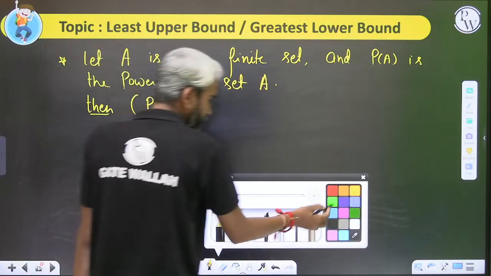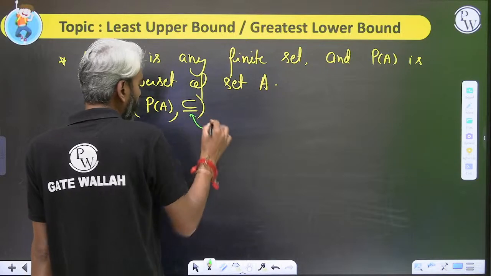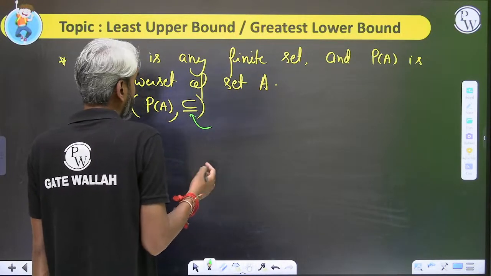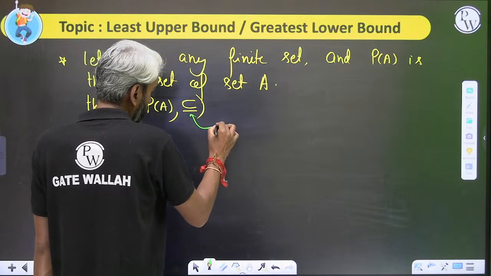So this relation is subset or equal. So please tell me, will it be a partial order relation? Please check whether subset or equals to on the power set of A will be a partial order relation or not.